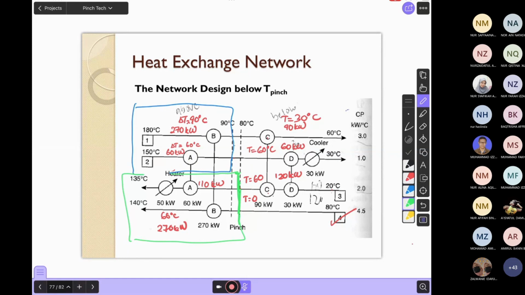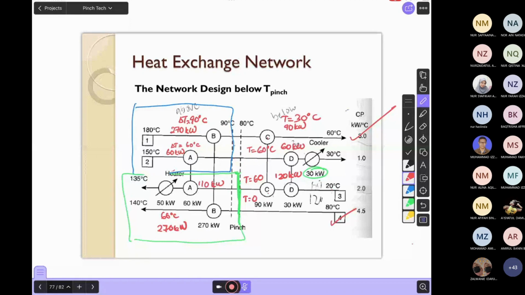So, stream number 3 ada lagi balance berapa? Ada balance lagi 30 watt. So, stream number 4 settle. Stream number 4 settle already. Okay. Mana dia? 90 dengan 120 ada 30 kilowatt. Okay. So, stream yang ini tak settle lagi.